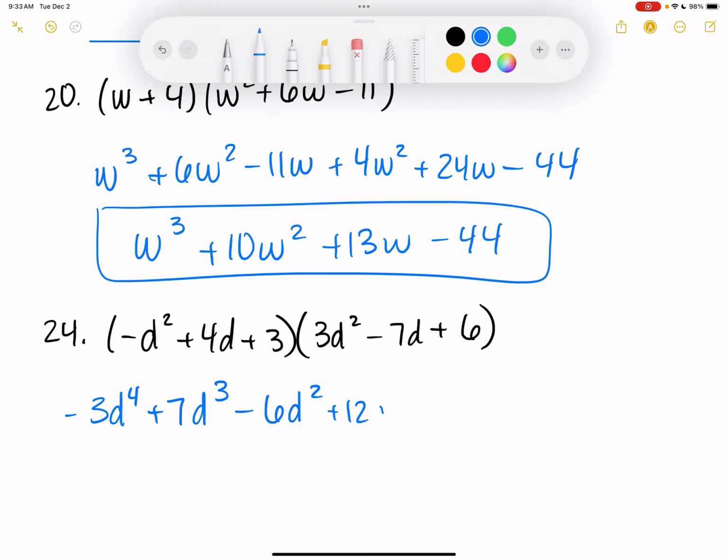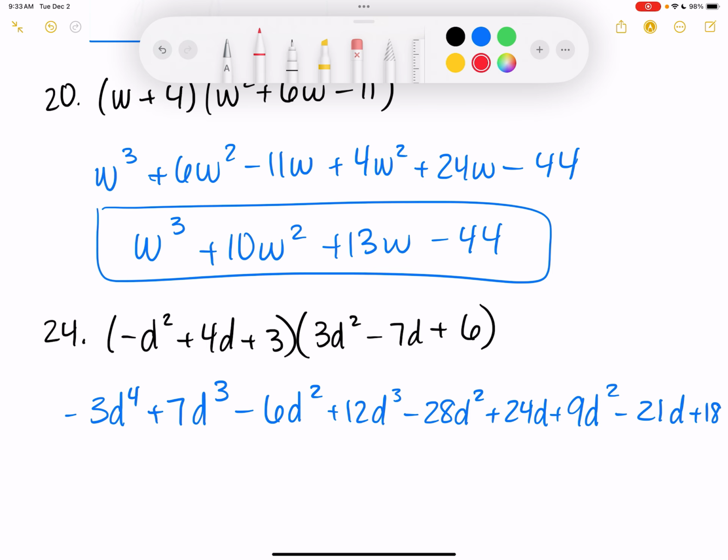Plus 12d cubed minus 28d squared plus 24d. And then I've got 3 times everything, so that's plus 9d squared minus 21d plus 18. Whoa. That's very long. So if you can see the numbers, make sure that you have everything.